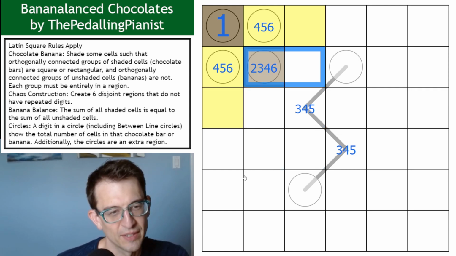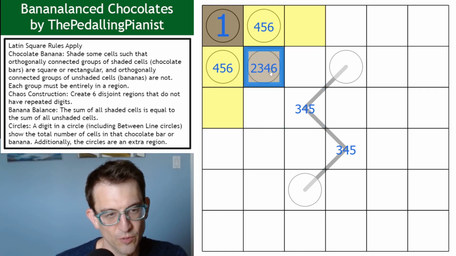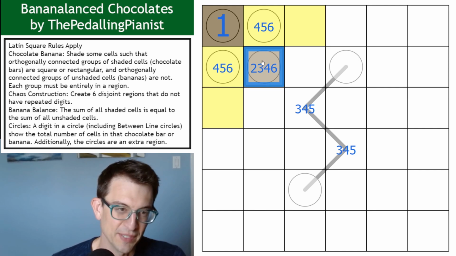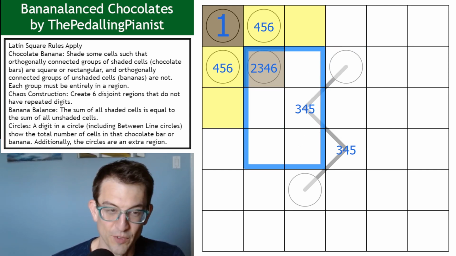That's hard to see, but this breaks. So this can't be a 6 because, first of all, if it's 6, it can't be a 6 by 1 because a row and column thing are taken. So it's got to be a 2 by 3. I can't do this because then we will have 2 chocolates, 2 circles in the same bar. I can do this. This is the only thing that would work. So if it's a 6, it's like this.